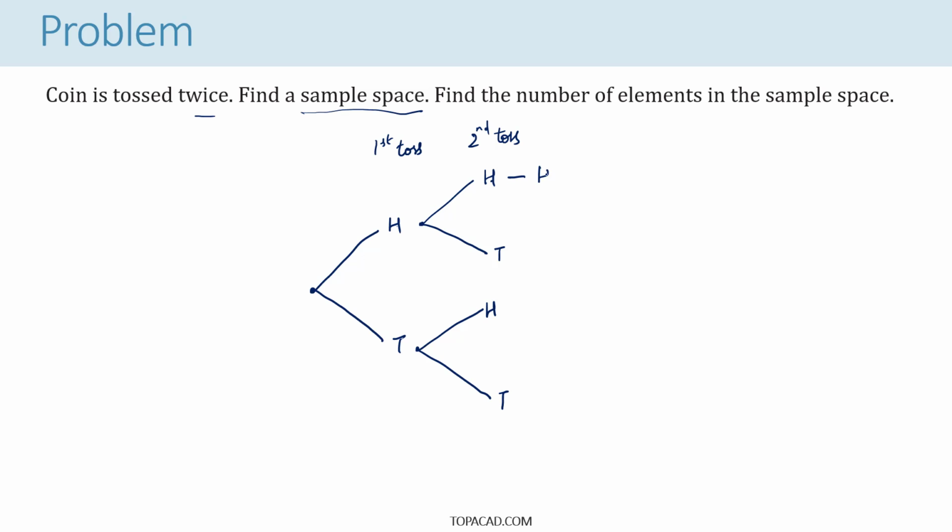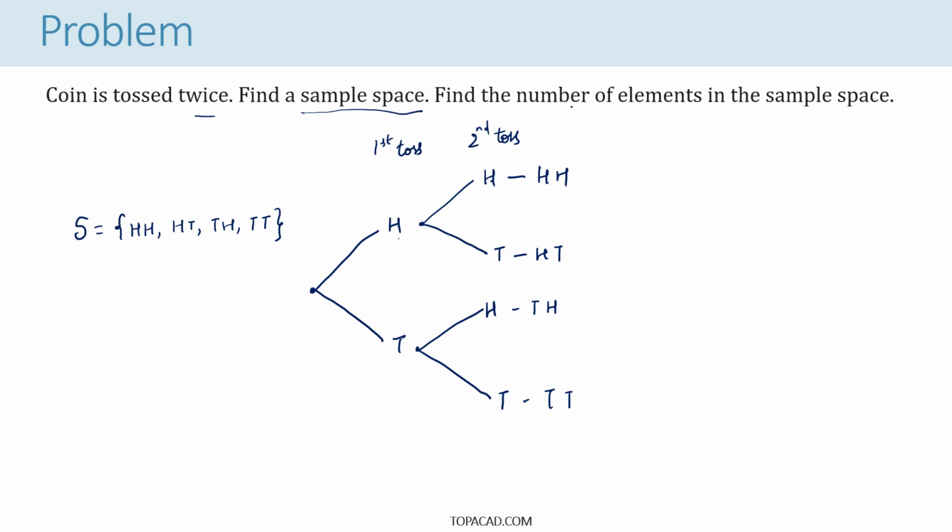So the sample space is head, head; head, tail; tail, head; and tail, tail. The way we write the sample space is HH, HT, TH and TT.